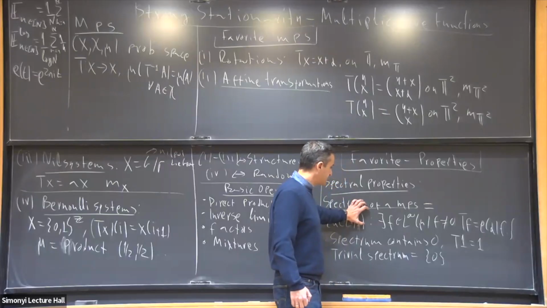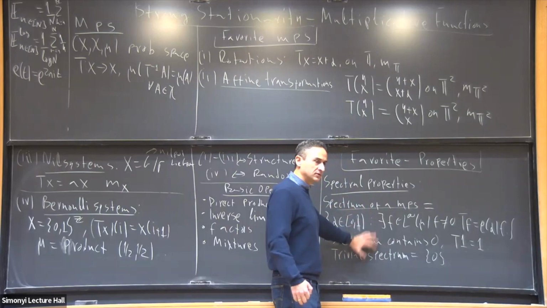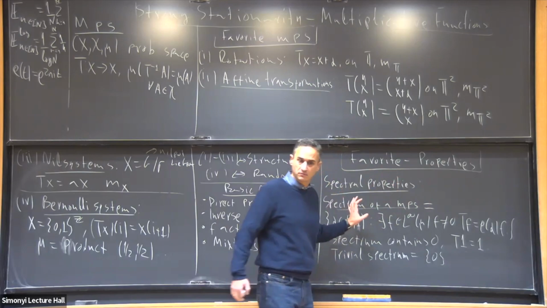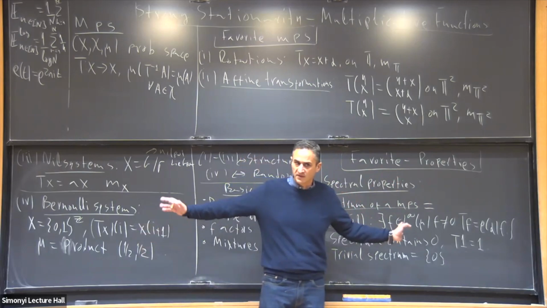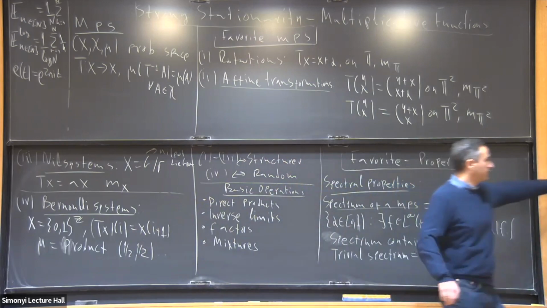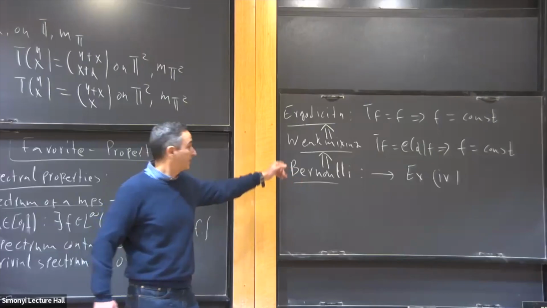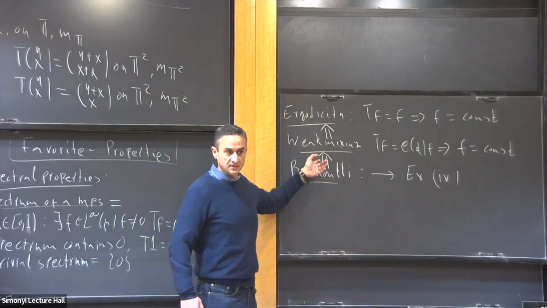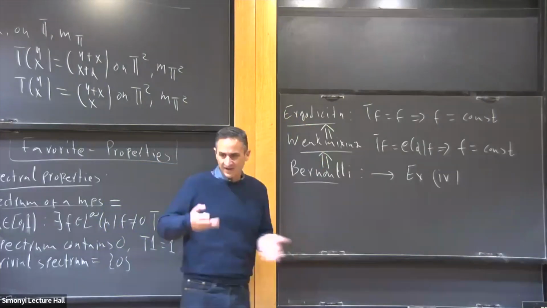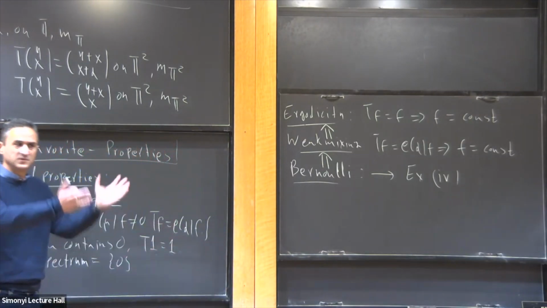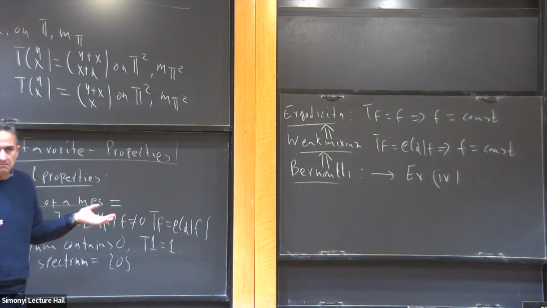These properties, having or not having spectrum, are easy to translate from the ergodic world to the arithmetic world. I can give you pretty much equivalent properties. The Bernoulli property is also easy. This is the Chola property. These two are not so easy. I can give you the translation, but it wouldn't make a lot of sense. It would be some sort of identities that you wouldn't understand what they mean in the arithmetic world.